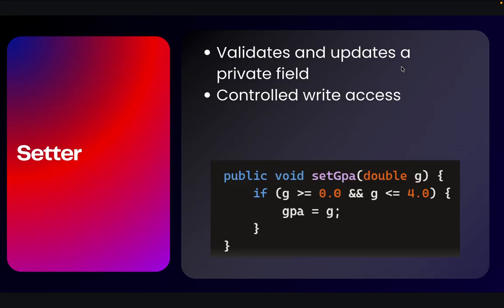We're passing in a data value, and it's basically going to check if that data value meets a certain control or validation, which in this case is an if statement that's going to make sure that the value that's passed in is between 0 and 4. If it is, then it will set it. If it's not, then it would not set it. So this is showing you that it is validating and updating a private field if it meets a certain criteria.